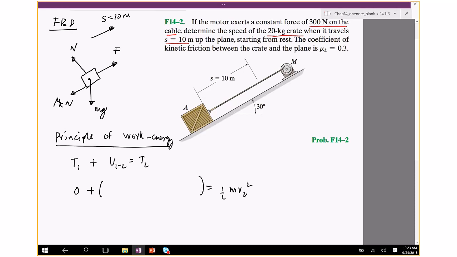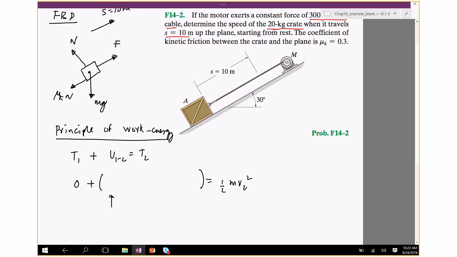U12. Okay, there'll be a contribution due to, there are 4 forces, as you can see. We can resolve this force: Mg cosine theta and Mg sine theta.